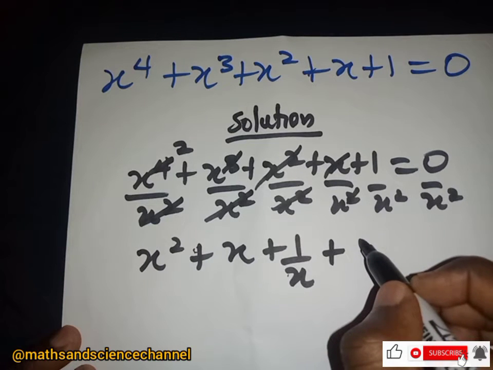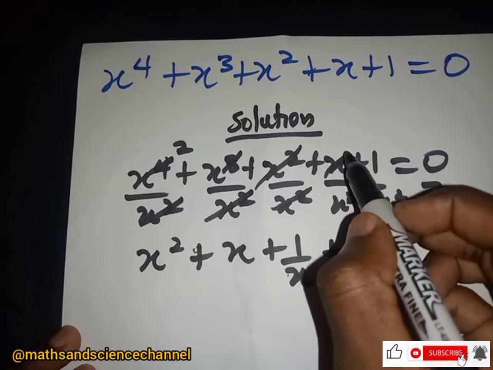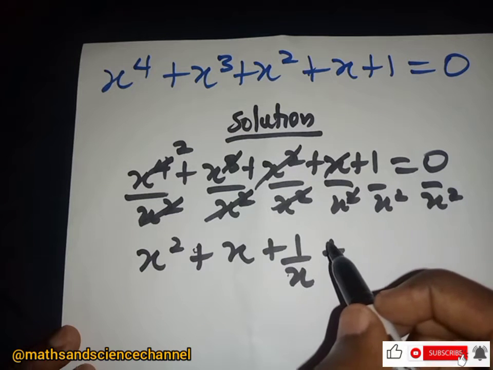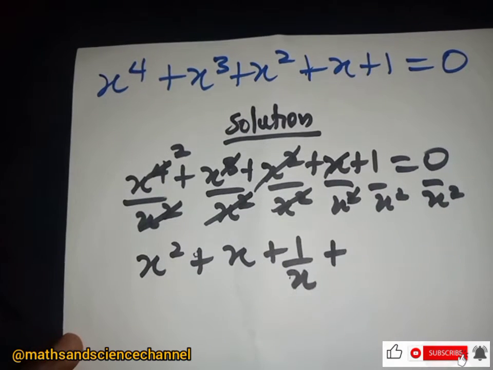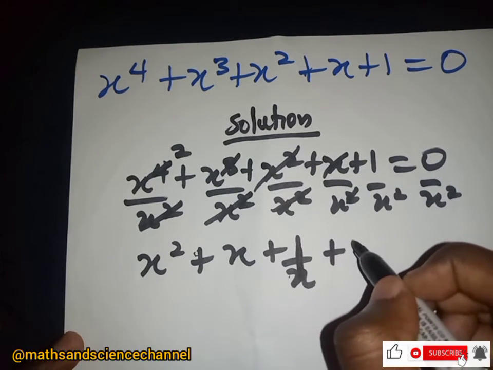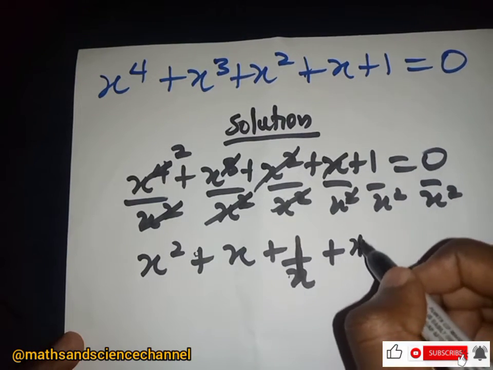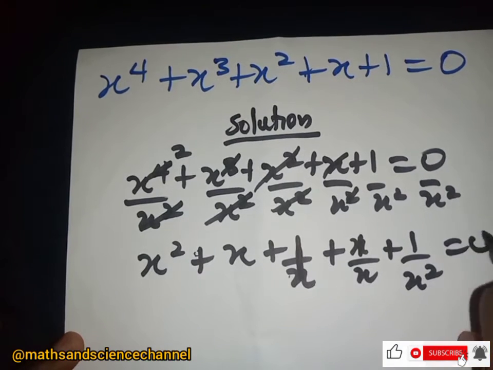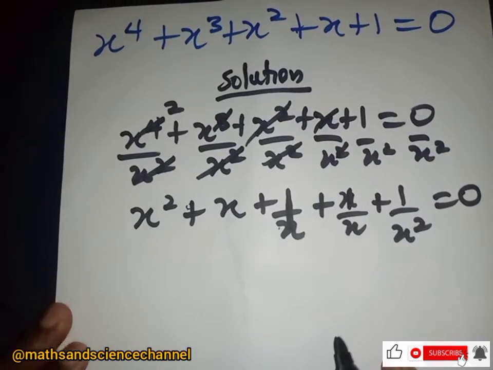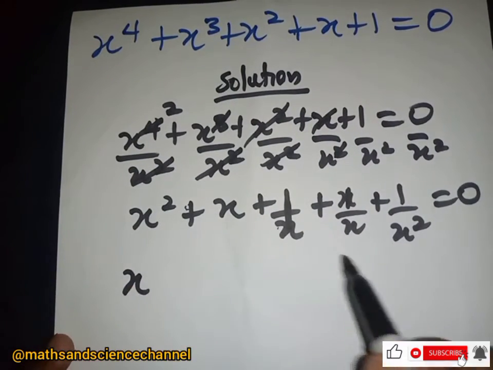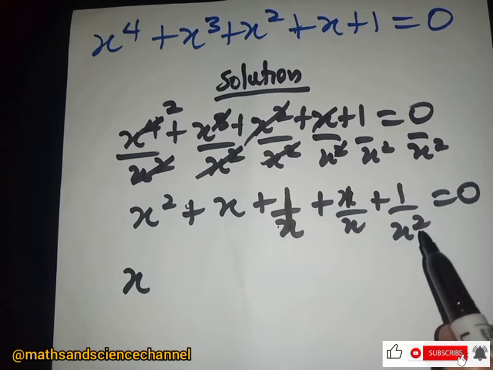plus 1, then we have 1 over x squared being equal to 0. So what we are going to do next is group like terms.